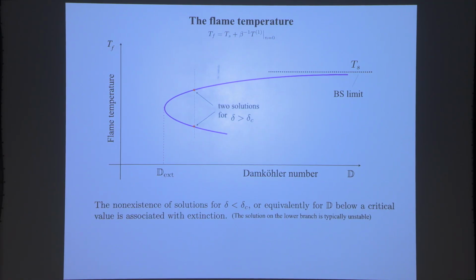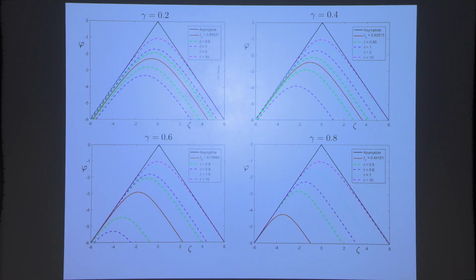Because from these curves, we can also compute the flame temperature, right? But here comes a question: what is the flame temperature? What value do you choose as the flame temperature? Because you have a reaction zone that spans, well, it's not a big distance in the original coordinate, but you have a choice of what you call it. It doesn't really matter much.